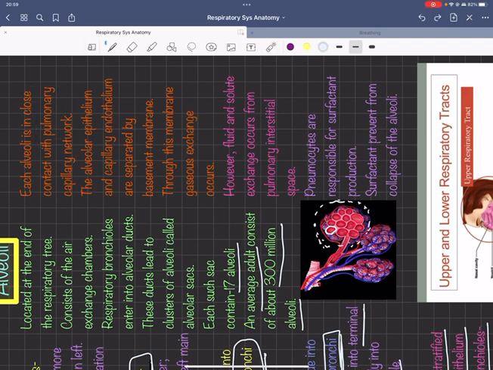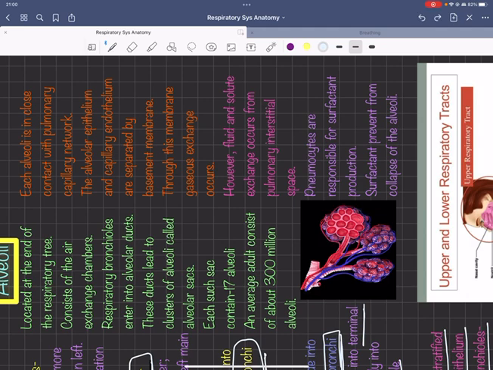Here we can see in the diagram that there are the red and the blue vessels covering the alveoli. This is the blue vein and this is the red artery. The artery is bringing the oxygenated blood, whereas the blue veins are bringing the deoxygenated blood into the alveoli for the oxygenation process.